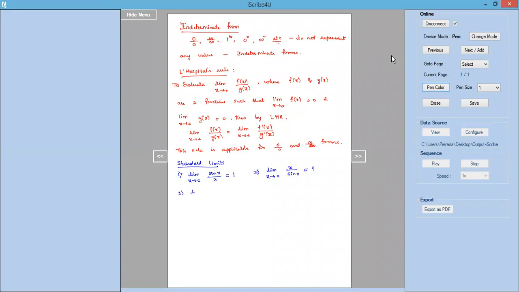In the same manner, limit as x tends to 0, tan x divided by x is equal to 1, and limit as x tends to 0, x divided by tan x is also equal to 1. These standard limits will be helpful to us while doing problems.